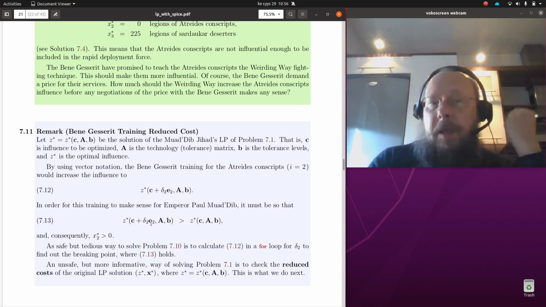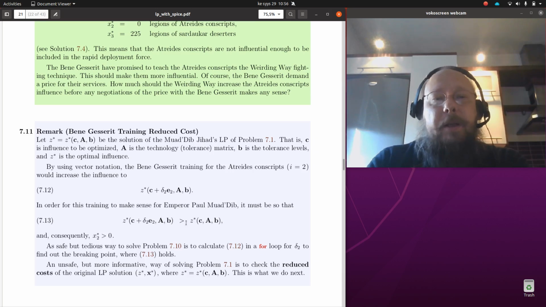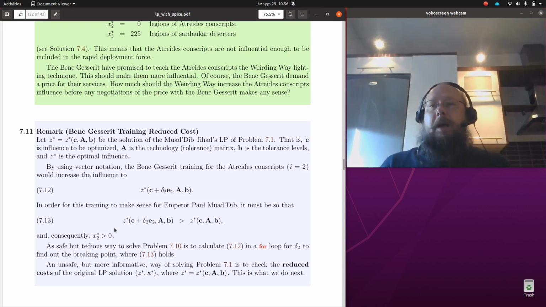Okay. Now if this is bigger than this, then it is also obvious that this x2 star will be bigger than 0, otherwise this cannot happen. And let's hope that at some point it should happen, that at some point the Atreides conscripts' influence is so big that it makes sense to use them. Alright, and now the question is at which point.